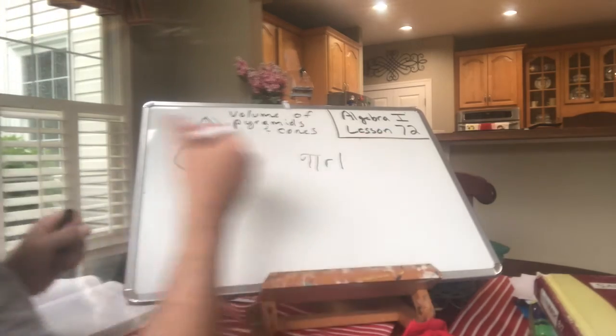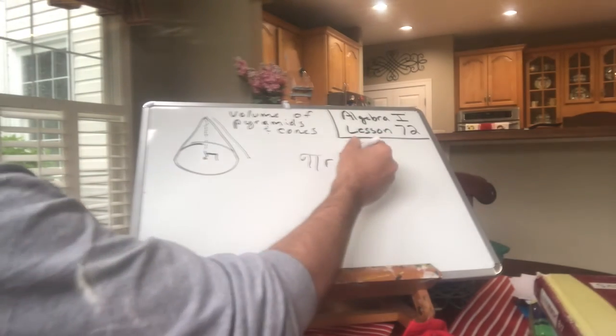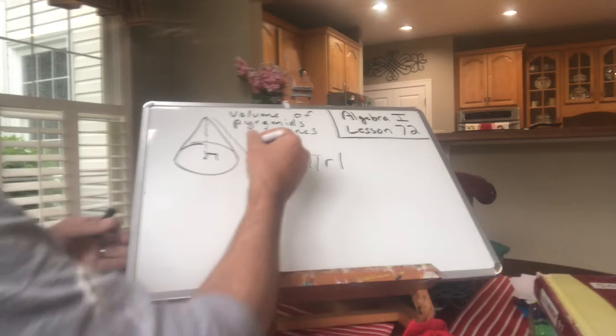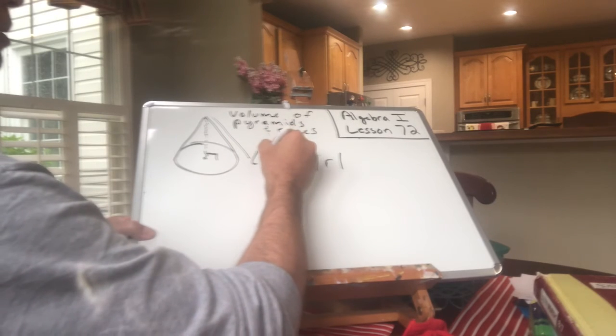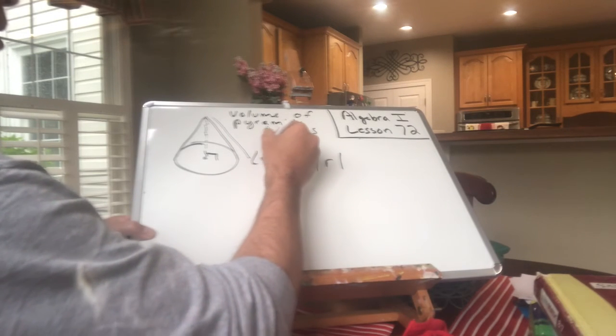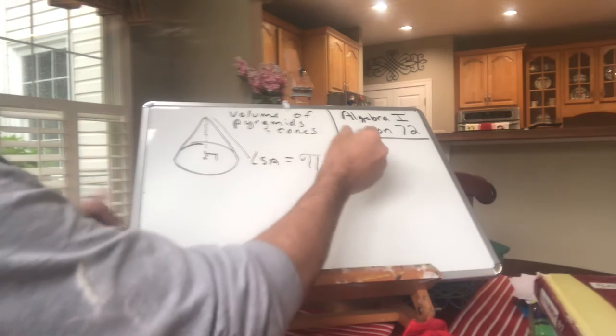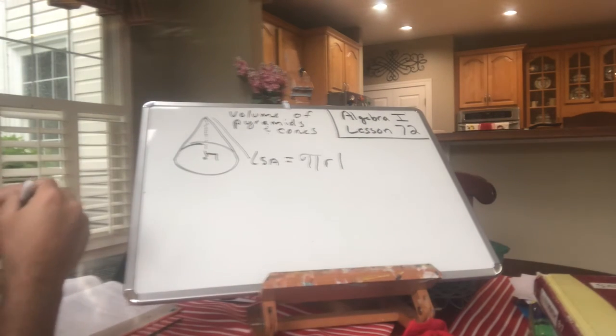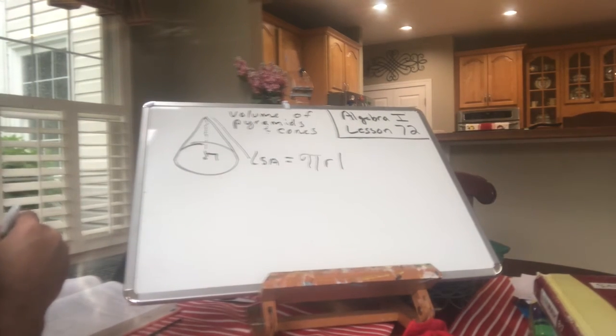And they make the slant by putting this little L right here, okay? So the lateral surface area equals pi r L, okay?